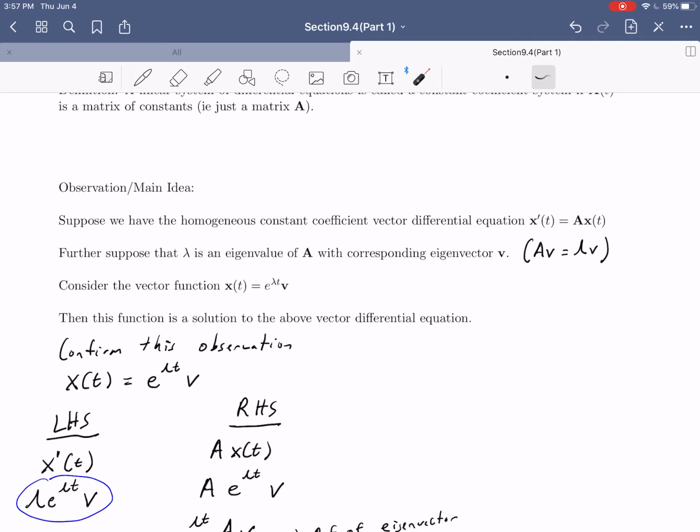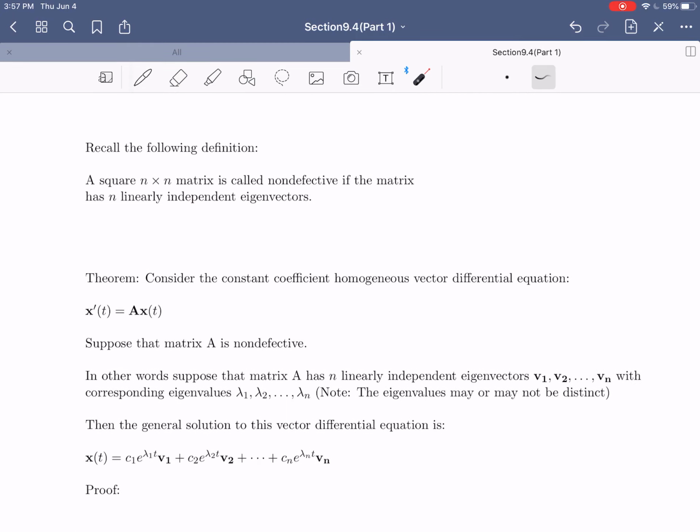Okay. So let's go on and talk a little bit more about how we're going to apply this in general. Now that we have this observation that this type of vector function, x of t equals e lambda t times v, is going to be a solution to the constant coefficient homogeneous system of linear differential equations, let's recall this definition real quick. This is something that we did back in chapter 7, when we were talking just about eigenvalues and eigenvectors in general.